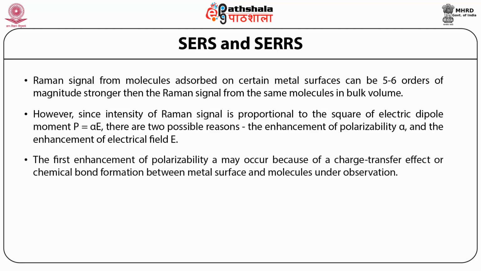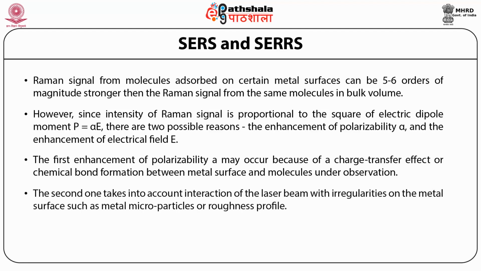The first, enhancement of polarizability, may occur because of a charge transfer effect or chemical bond formation between metal surface and molecules under observation. This is a so-called chemical enhancement. The second one takes into account interaction of the laser beam with irregularities on the metal surface such as metal microparticles or roughness profile.